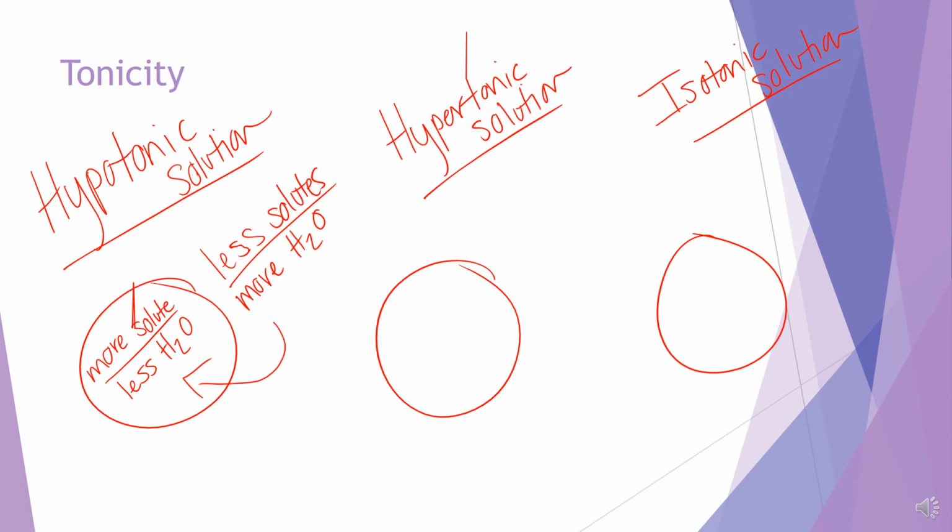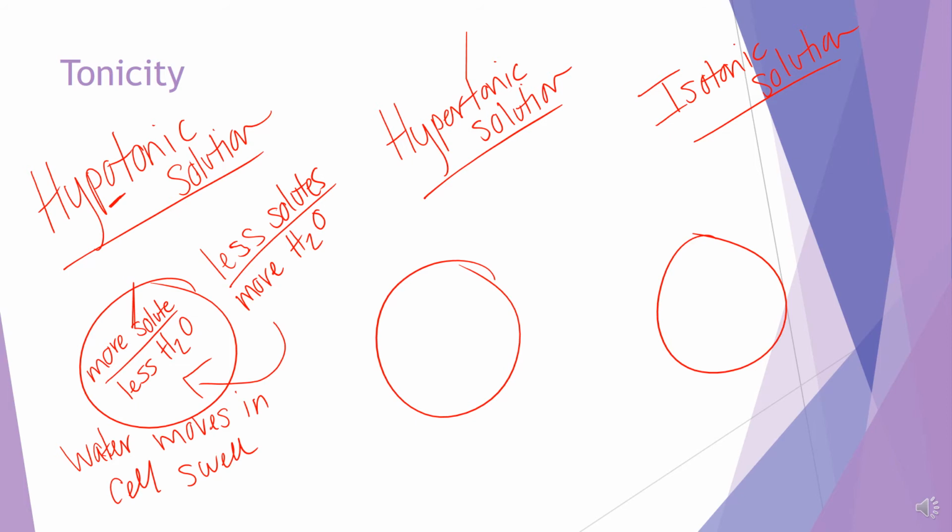So the water moves in. And what does that do to the cell? It's going to swell. And think of it as like the big O, hypotonic, the big O. It's going to get much bigger and swell if we put a cell in a hypotonic solution.